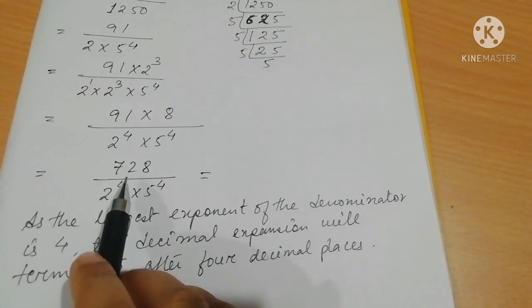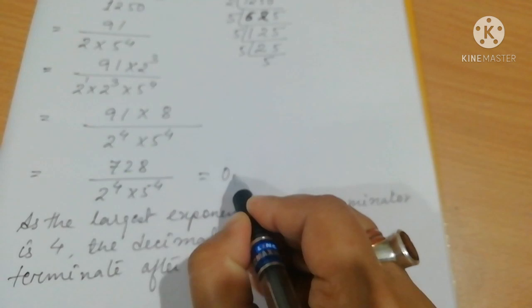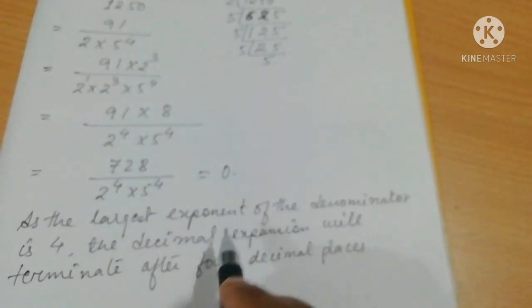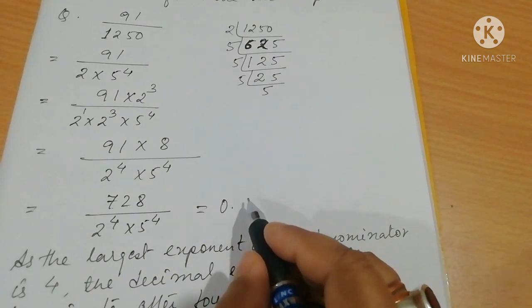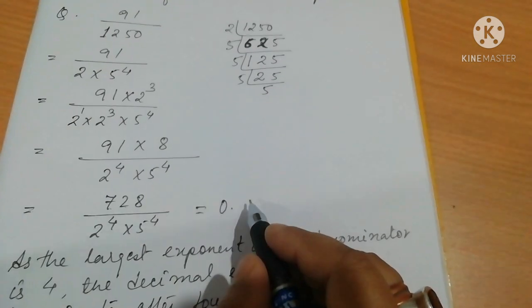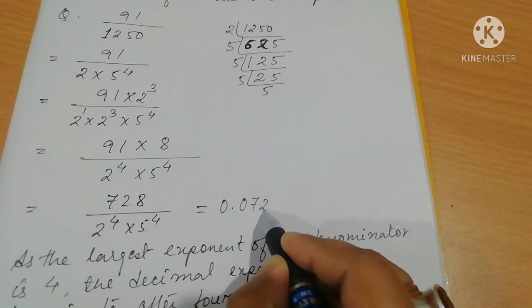So if it has 4 decimal places, 1, 2, 3, one more 0 will be added. So 0.0728.